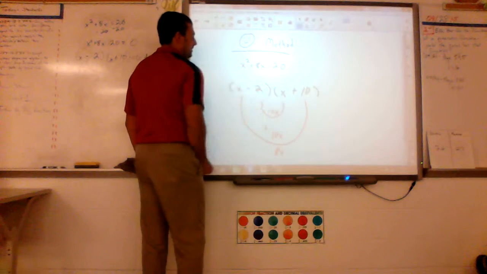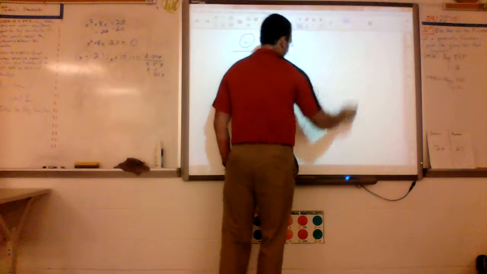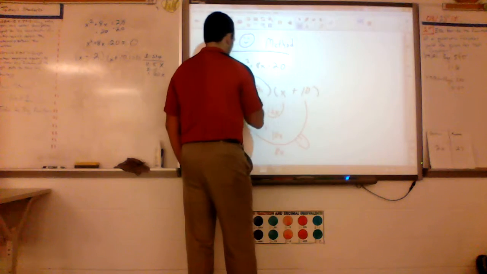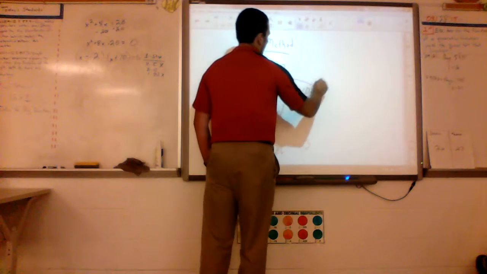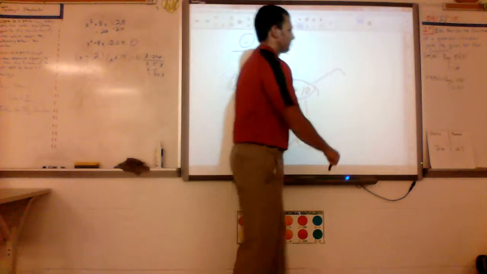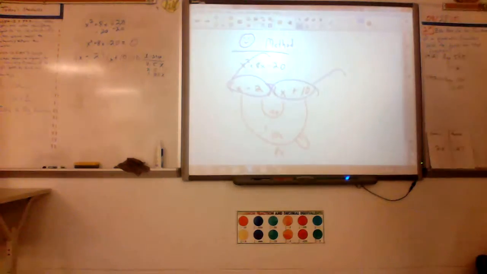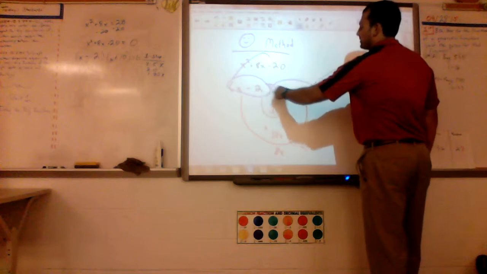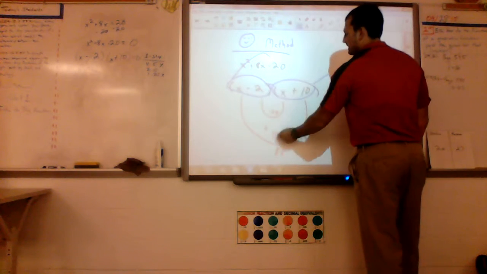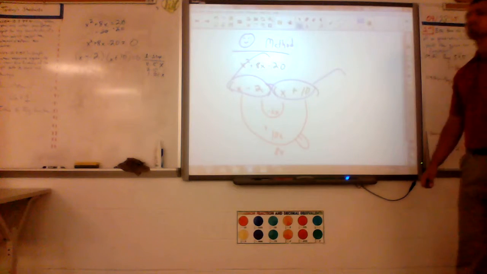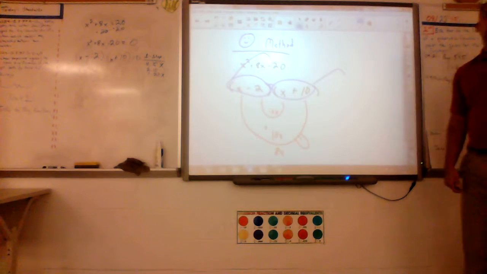Is that the same as my middle term? You do not have to draw all the tongue and glasses and all that other stuff, but multiply negative 2 and x, get negative 2x, multiply x and 10, get 10x, combine them. If it's the same as our bx term, or middle term, you're right.